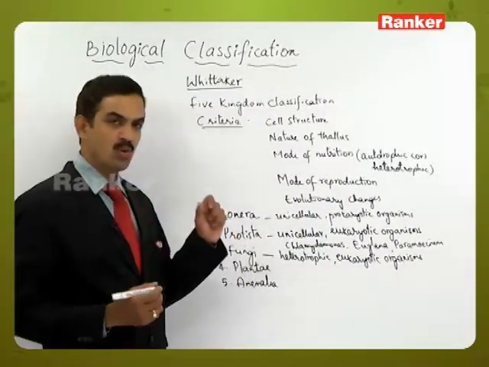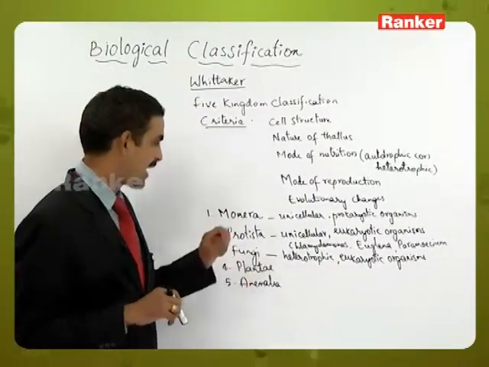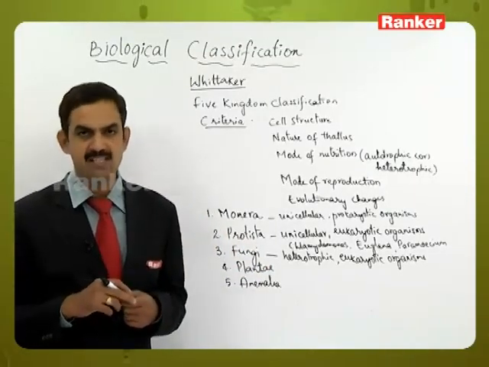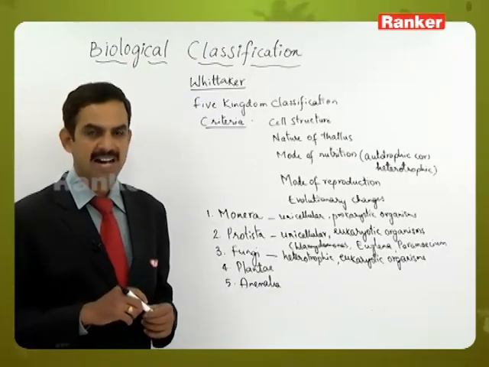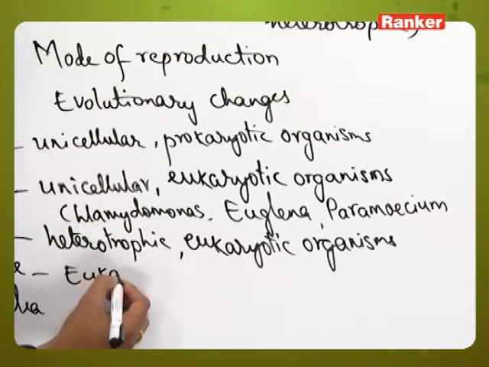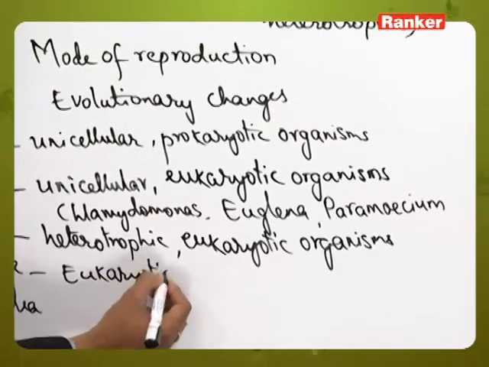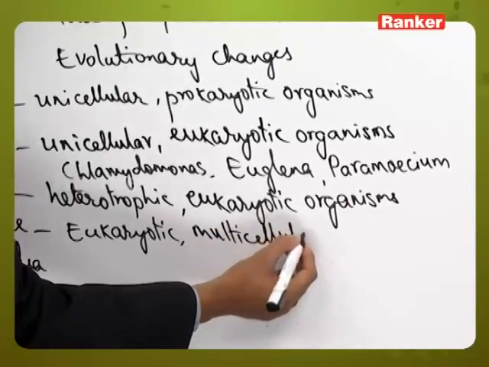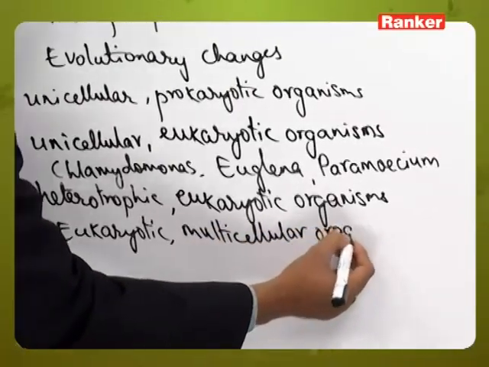Actually, Fungi includes only the plants, but the special character related to them is that they have a cell wall which is not cellulosic, that is, it is made up of a chemical called chitin. Whereas Plantae includes eukaryotic and multicellular organisms.